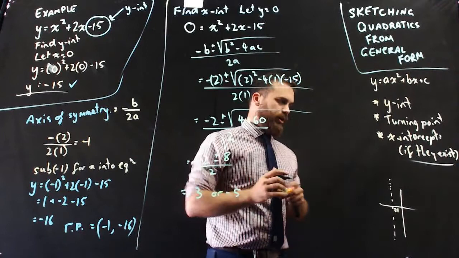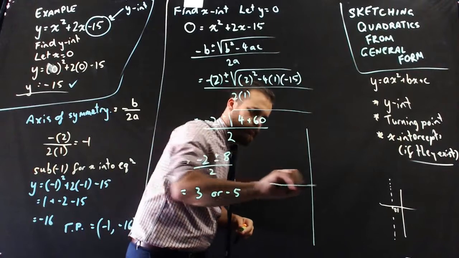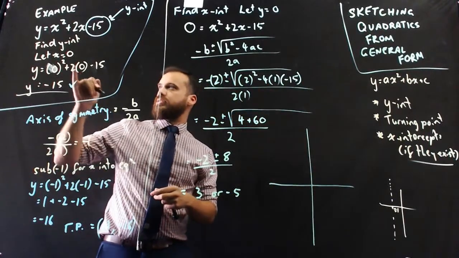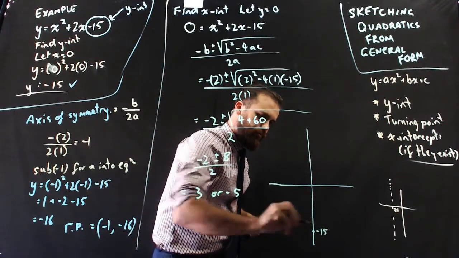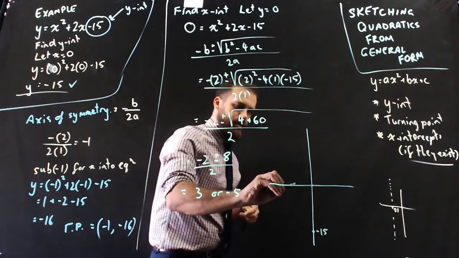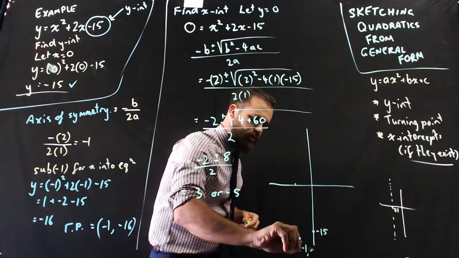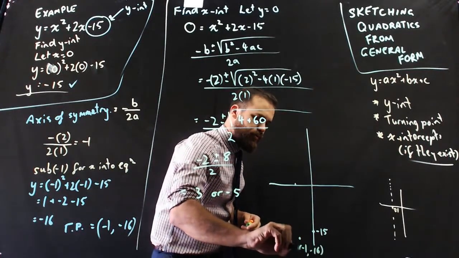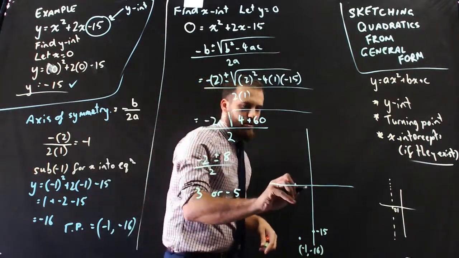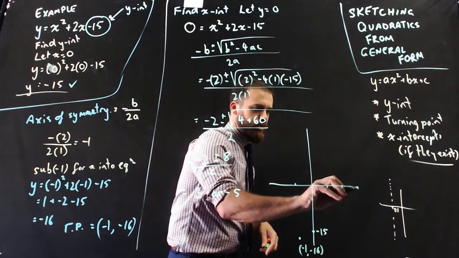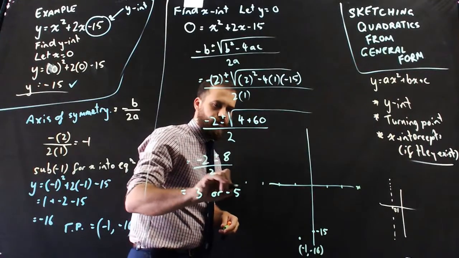Yep, that looks right. Finally, we need to sketch this. Now, the y-intercept is going to be negative 15. The turning point is going to be negative 1, negative 16. Okay, and the roots are going to be 3, that's 1, 2, 3, and negative 5, 1, 2, 3, 4, 5.